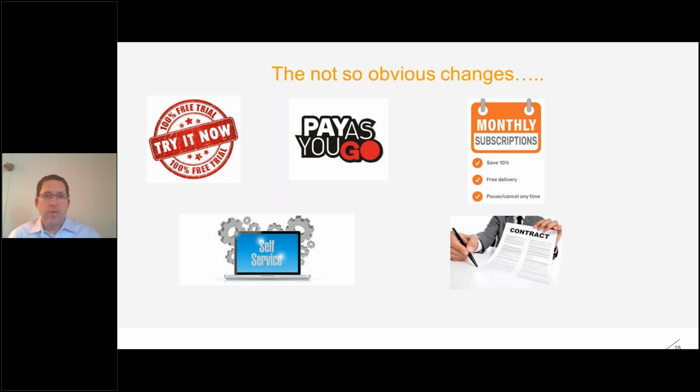The next phenomenon, as I'm sure you're more than familiar with from the mobile phone folk, is pay as you go, i.e. I will pay for what I use. Again, that lowers the barrier for customers to be involved, but in terms of your revenue, that clearly has an impact. The next point is about subscriptions.